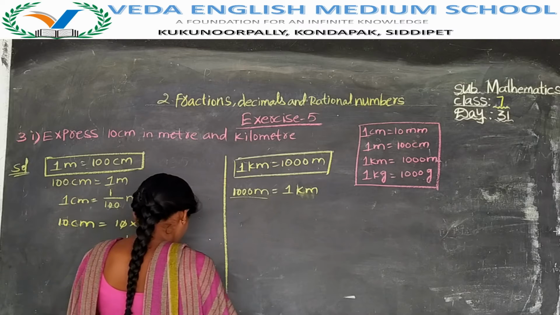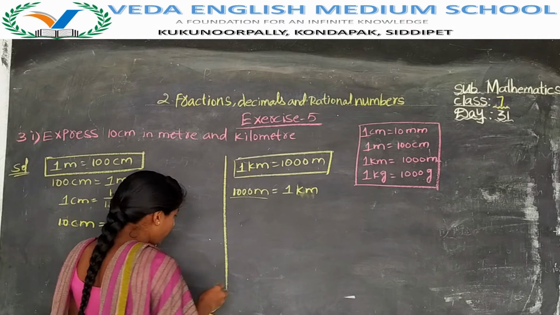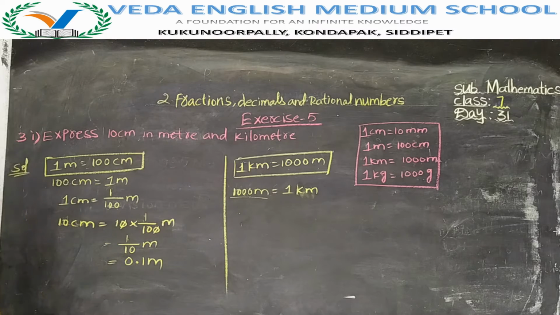Now we will find for 1 meter. Already we got 10 centimeters is equal to 1 by 10 meters.